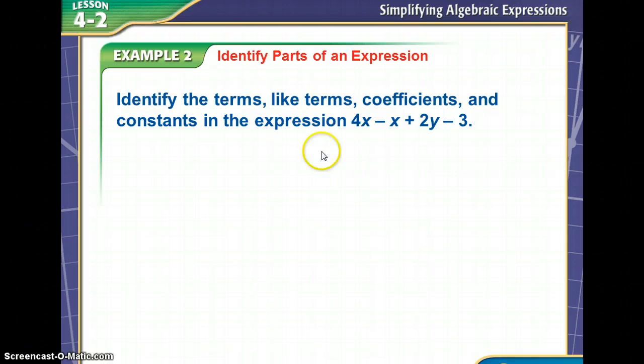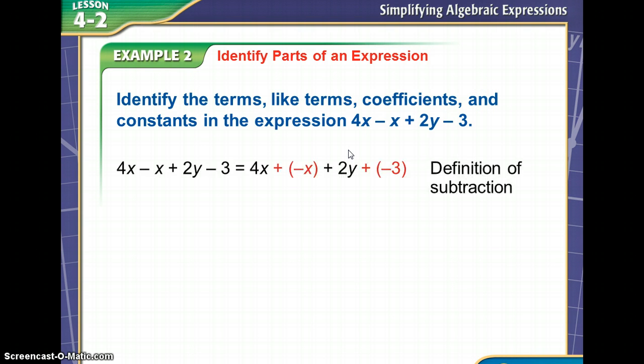Okay, now we're going to look at identifying the terms, the like terms, the coefficients, and the constants in this expression. Okay, notice that what they do here is first they rewrite your subtraction as addition problems. So instead of minus x, you have plus a negative x.